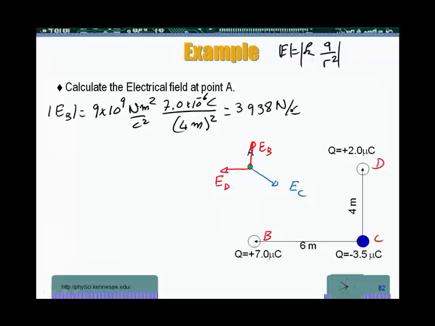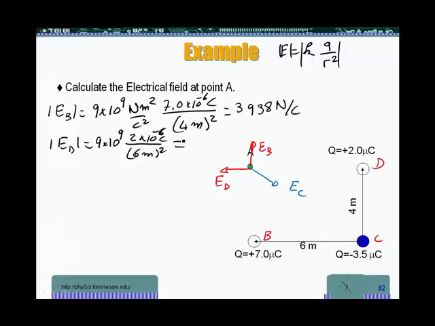Okay, let's do the same thing to the easy one first, ED. Okay, same expression. The only difference here, I'm going to have 6 meters for the distance and 2 for the charge. So it's going to be, because of space, I'm not going to write the units here, 9 times 10 to the 9, and then for the charge, 2 times 10 to the minus 6 coulombs, and then for the distance, we said 6 meters squared.